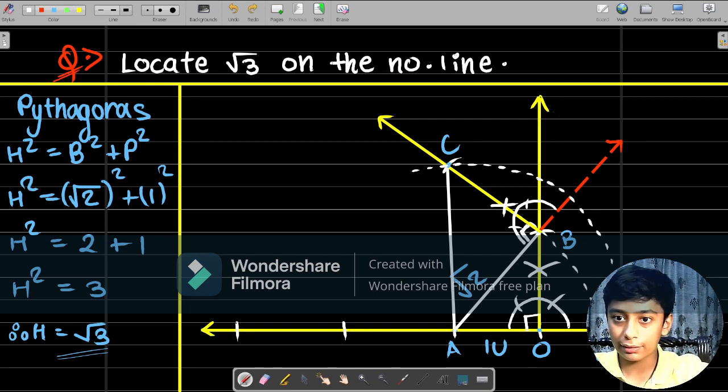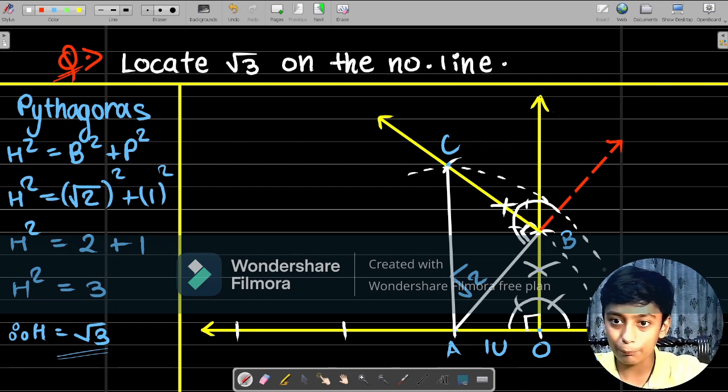But let me just go back. I am taking it a little bit too far, because it shall lie before 2. I am drawing it rough-handed, but that doesn't mean that it will go further than 2, because the value of root 3 is nothing but 1.7 something, which is lesser than 2.